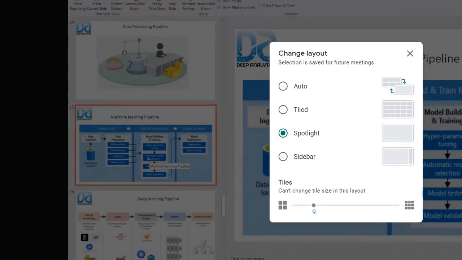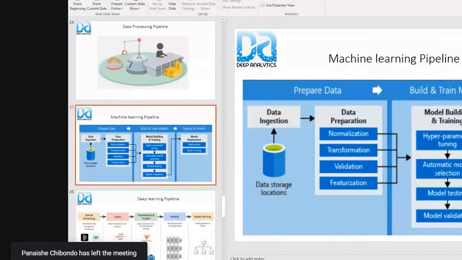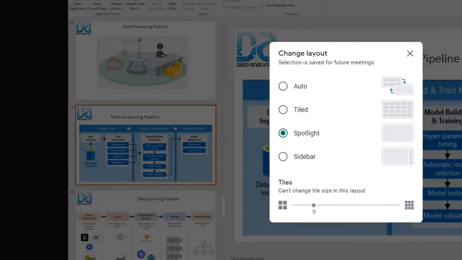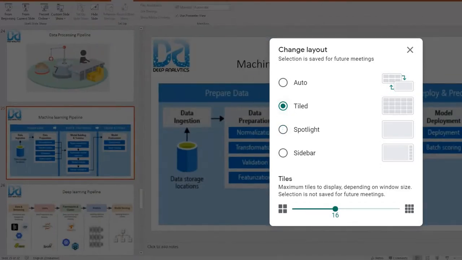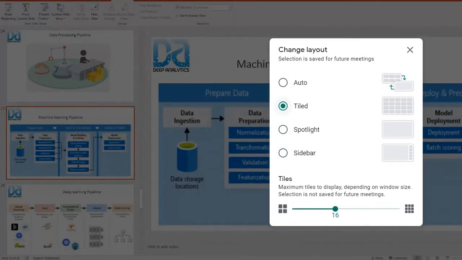So the machine learning pipeline looks something like this. You've got different data locations, and then you ingest that data, right? And then you've got some kind of data preparation that you do. Normalization: you normalize your data because you want to get rid of anomalies in the data. And then you transform that data to be able to analyze it, and then you want to validate the data.